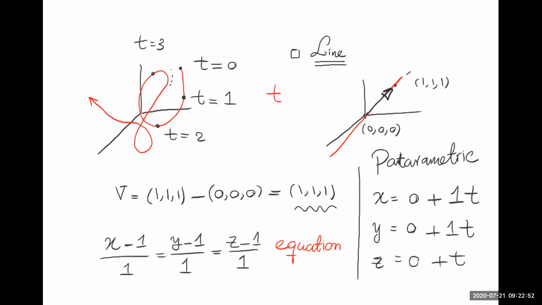For example, if t is 0, x is 0, y is 0, z is 0, so at time t equals 0 we are here. If t is 1, x would be 1, y would be 1, z would be 1, so we would be here. So it's a parametrization of this line. It tells us where the particle is at each time. So these are the two equations we had for a line, things we've already seen. One of them is an equation of the line.